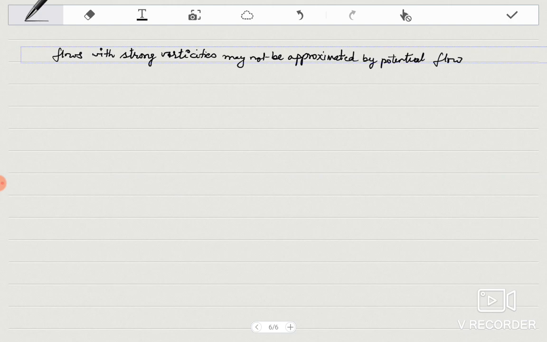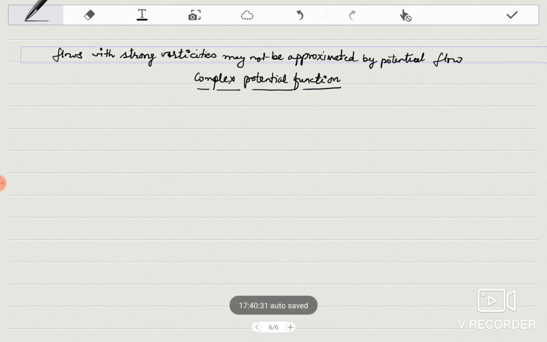Now we come to the complex potential function, which is a function that will be introduced every time we want to use the complex variable technique.